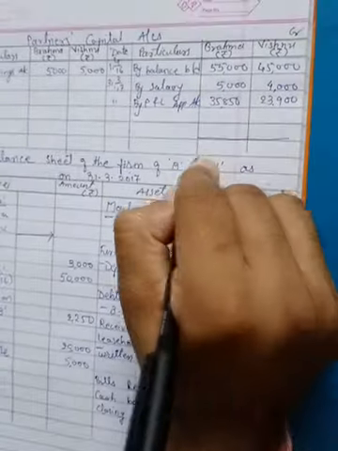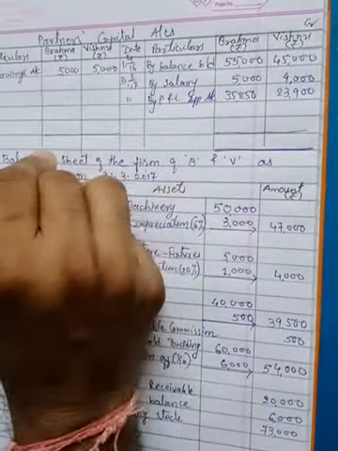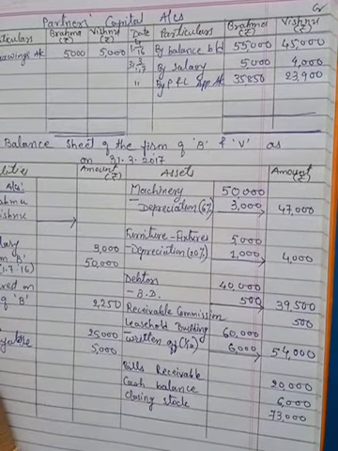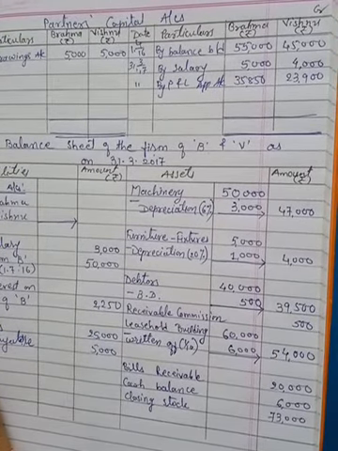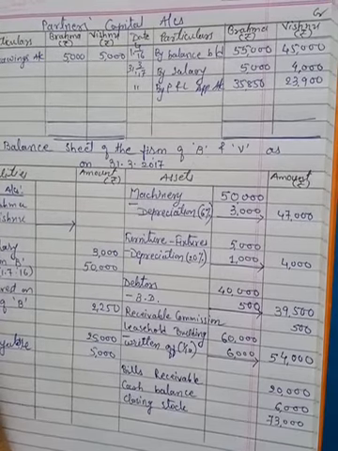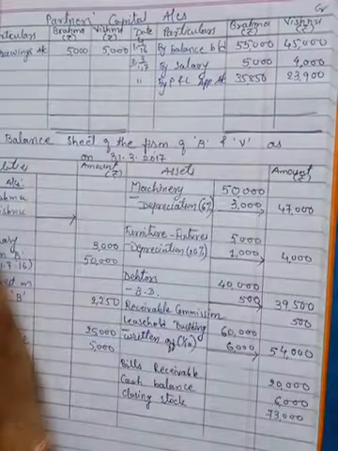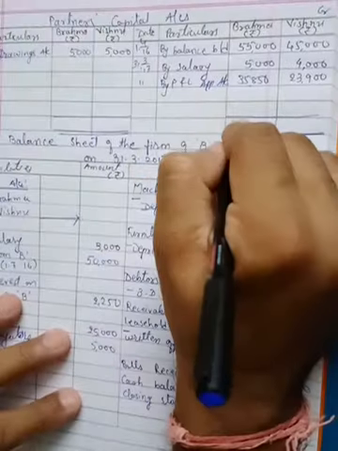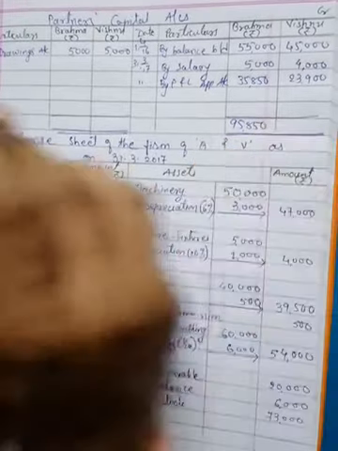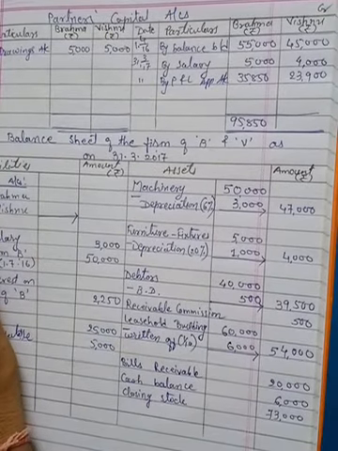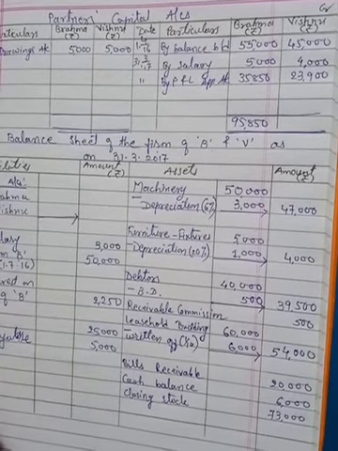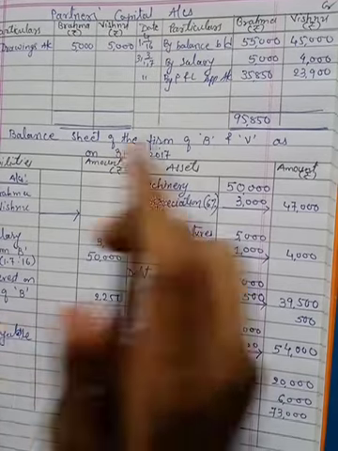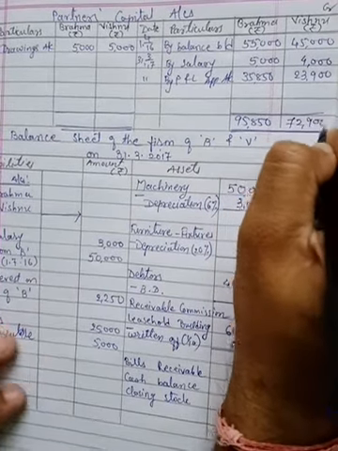And now we'll close this capital account and find out the closing balance of capital. So first partner total is 95,850 and second partner total is 72,900.